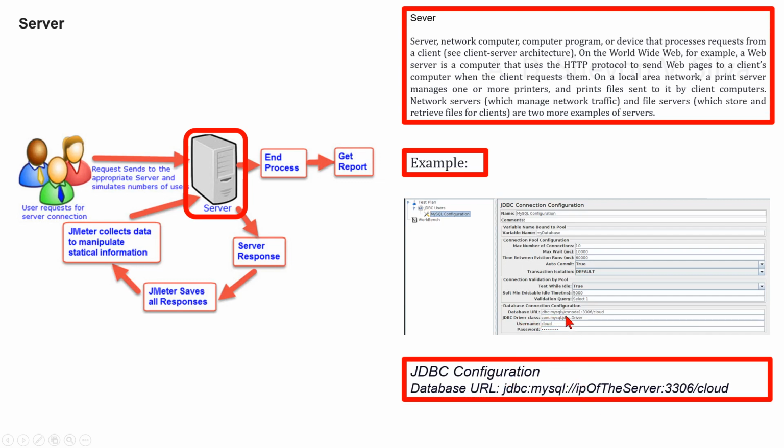This one is the IP address of the server. This is the server name here, and the port 3306, and /cloud. This is a CS node here.